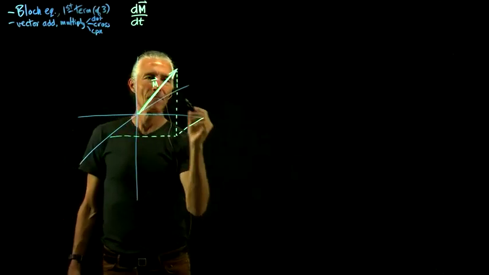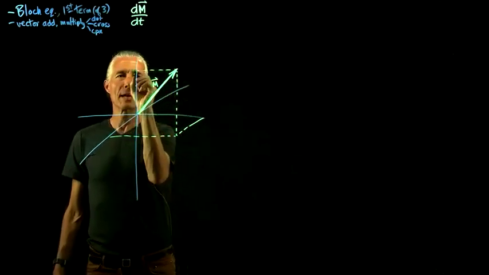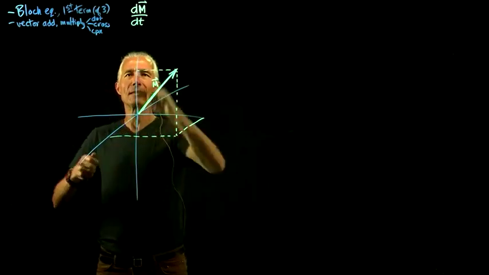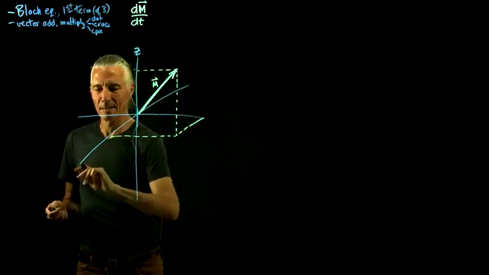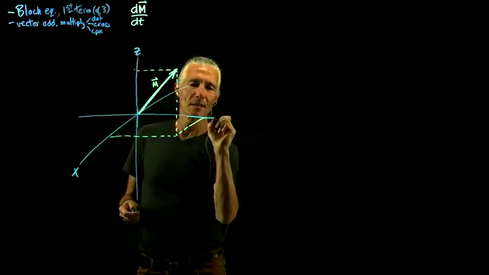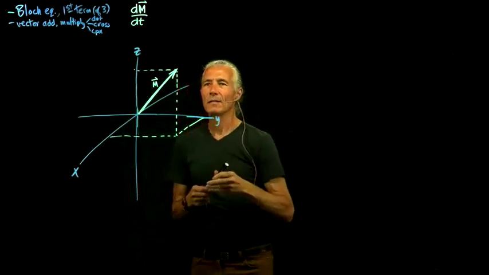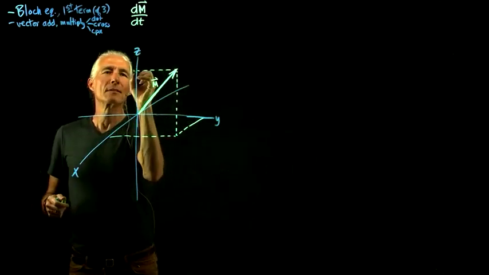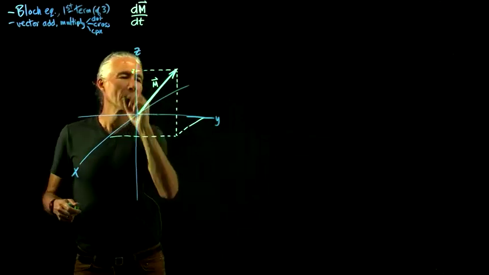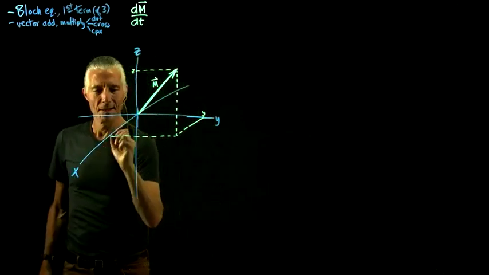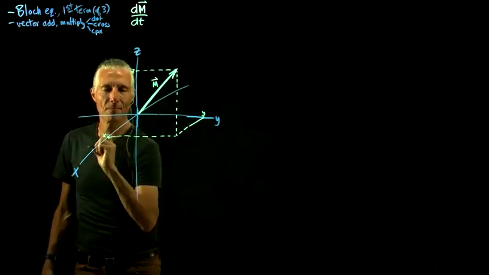Let's call this the z-axis, here's the x-axis, and here's the y-axis. So here's the z right there, and then here's the y of this guy, and then here's the x.